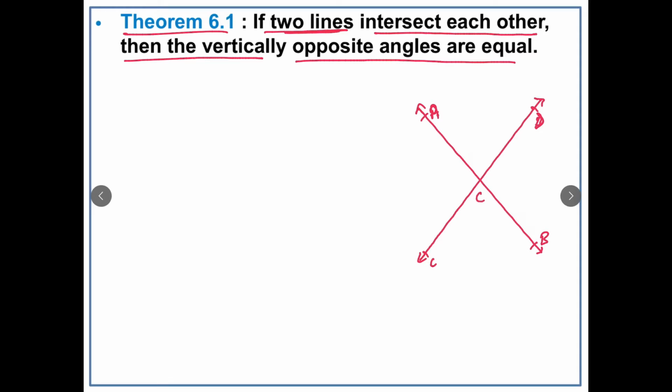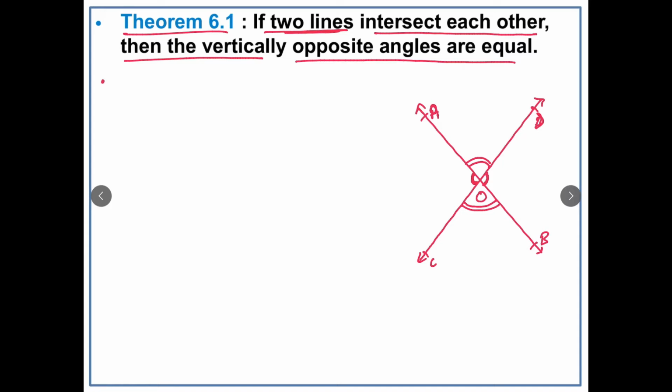Let's take the point where the two lines intersect each other as O. It will make two pairs of vertically opposite angles. One is angle AOC and angle BOD, and the second pair of vertically opposite angles is angle AOD and angle BOC.